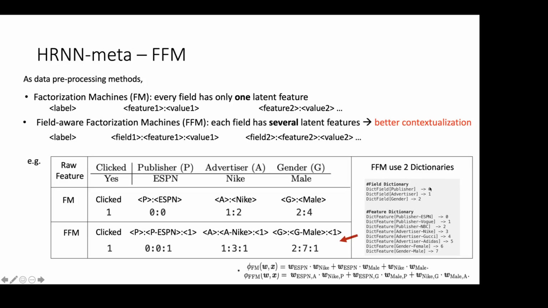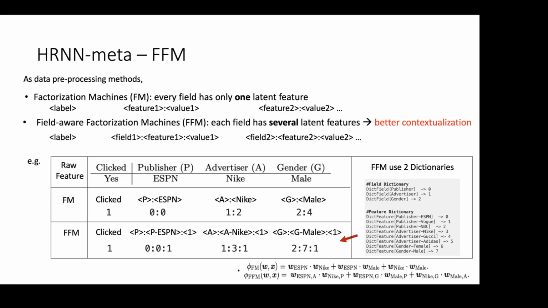It basically builds the indices for fields and each interconnected feature, and it uses tuples to represent a feature, and it improves the contextualization of the raw input features.